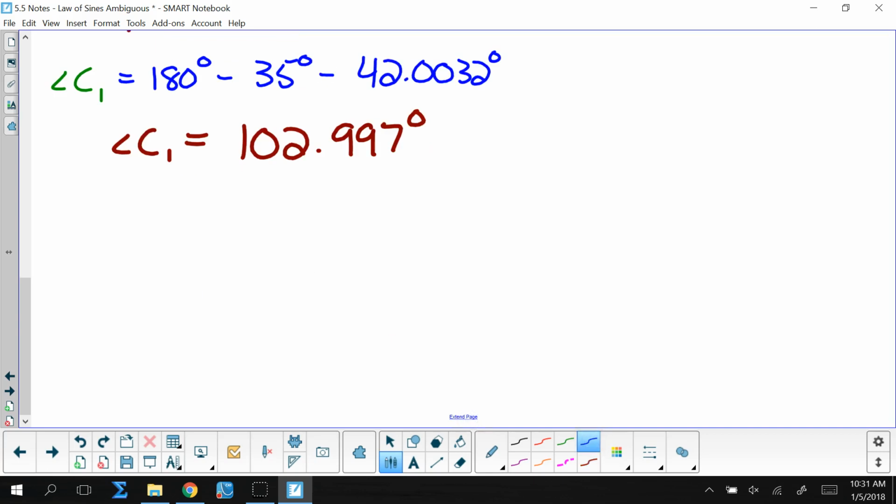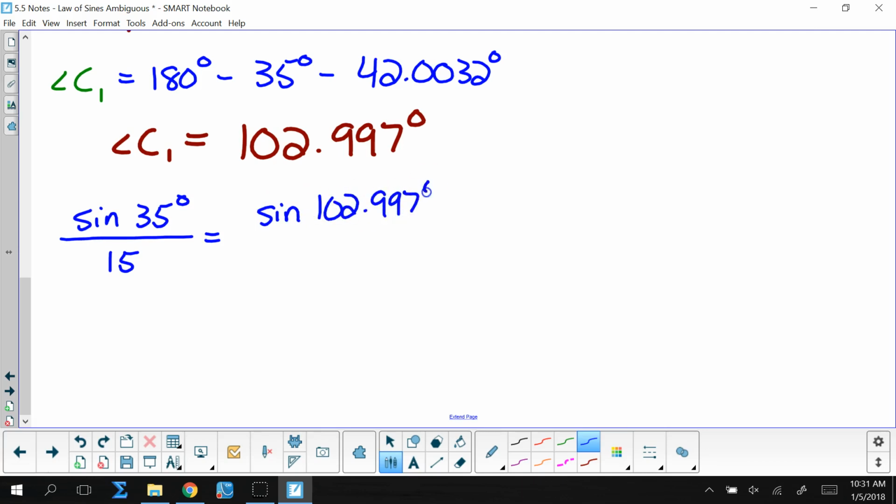Then the sine of 35 degrees all over 15 is going to equal the sine of 102.997 degrees all over C sub 1.